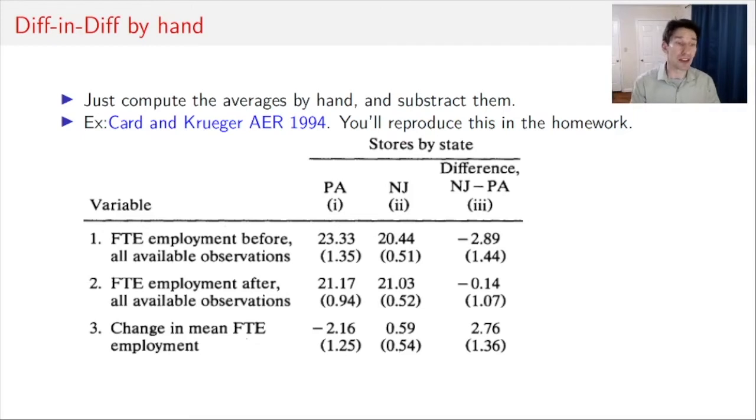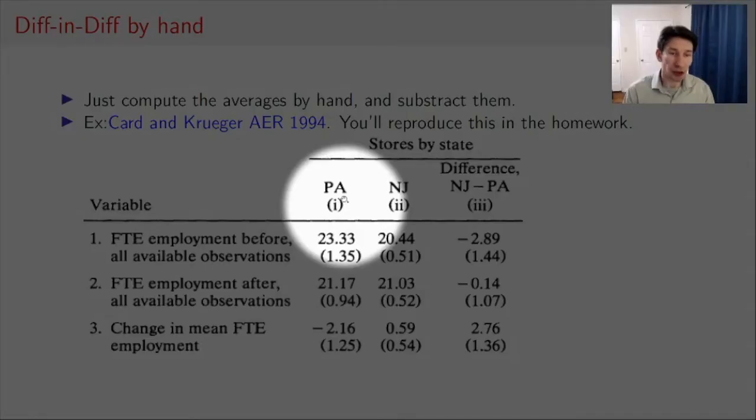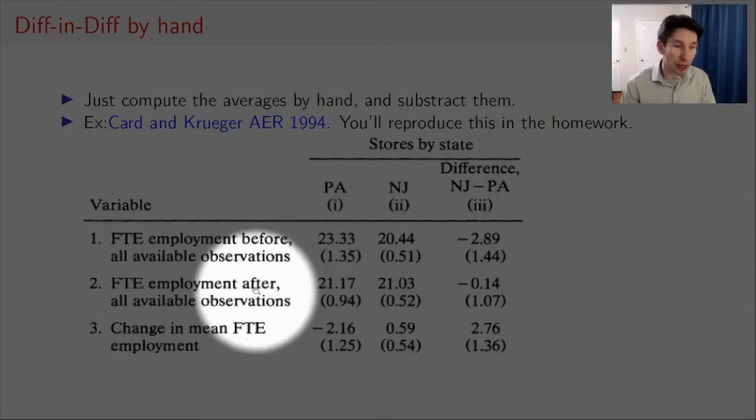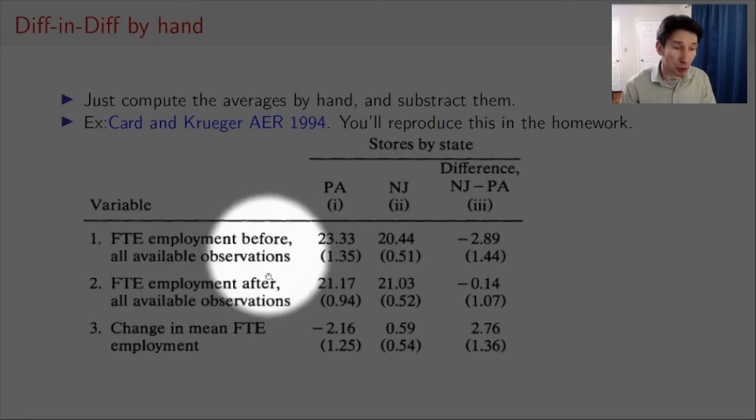If you look at this 1994 paper by Card and Krueger, which you, by the way, will reproduce in your homework, you see that this is exactly what they do. They have a treatment which is a shock to the minimum wage. It happens in New Jersey, but not in Pennsylvania. And so they have data for Pennsylvania before and after, and data for New Jersey before and after.